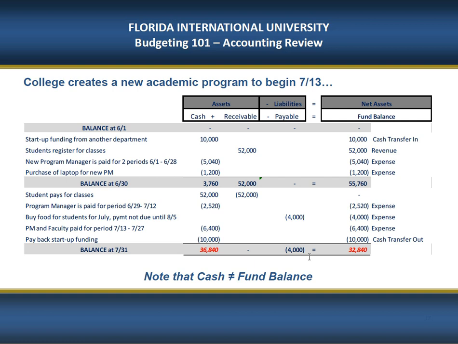There are some units where there should be very little difference between the two amounts, in which case you may be okay using the fund balance. But if you're one of those units that have large receivable balances or payable balances that are going to cause reconciling items between your cash and your fund balance, just be aware of that and take it into consideration.